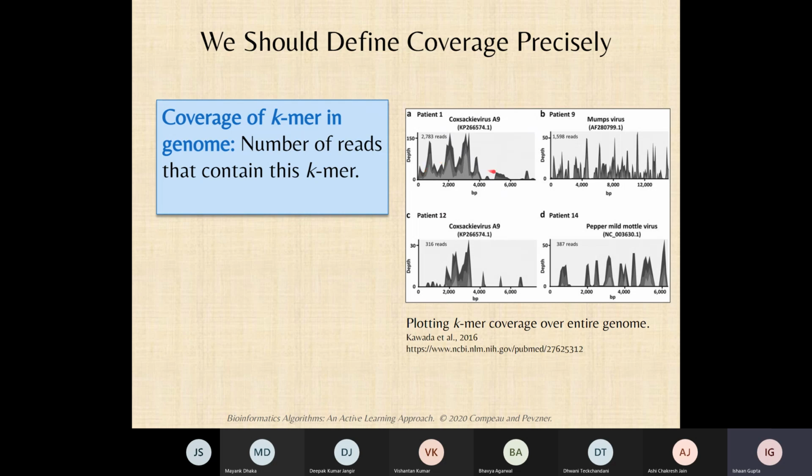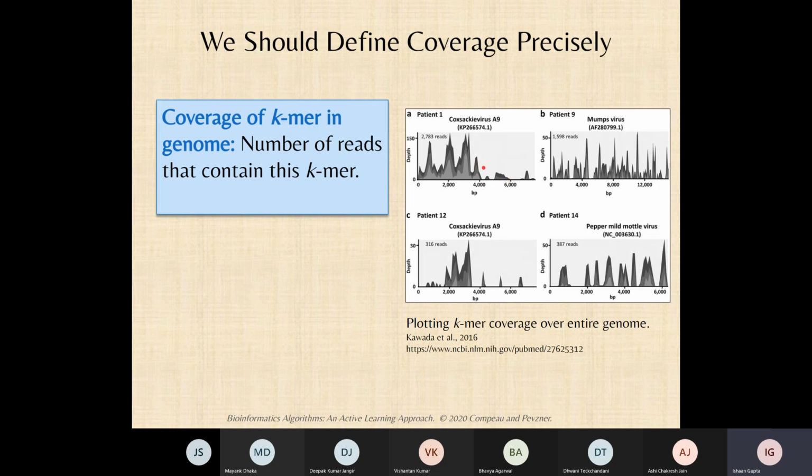You see that this coverage is sort of unequal. Some parts are covered very highly and other parts are not covered as highly. So this is a challenge. This would essentially mean that there are some k-mers which are not found very often, and there are some parts of the genome which don't have k-mers at all being represented.